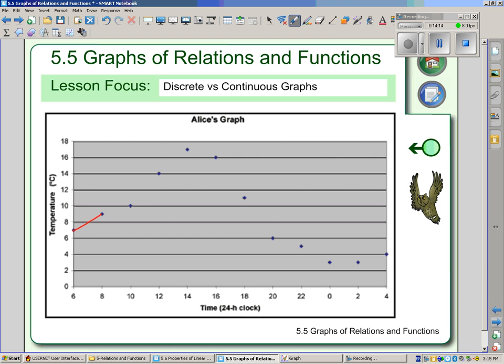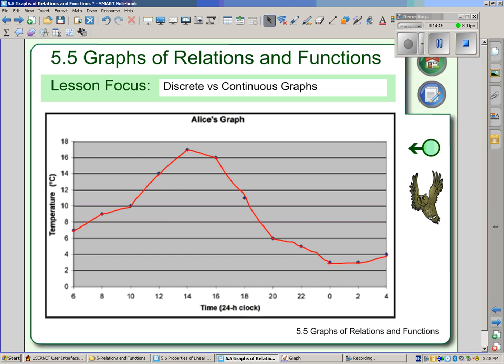So at some point in time, it was 6, 6.1, 6.2, 6.3, 6.4, and so on, right? Before it got to 9 degrees. So it makes more sense if we took these points and we connected the data because there is meaning between the data points. And then our graph should look like this.